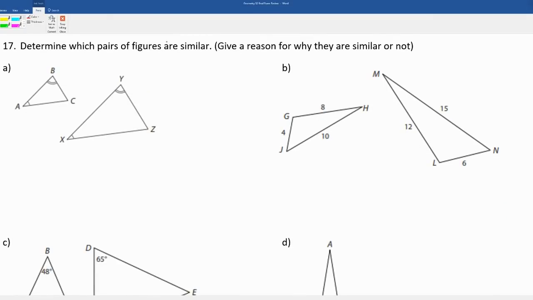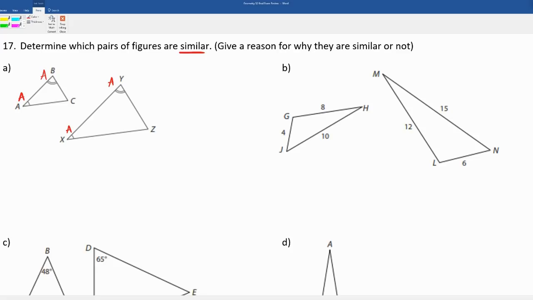All right, number 17. Which figures are similar? Good. So we need to know our similarity theorems. I see two angles, angle A is congruent to angle x, and angle B is congruent to angle y. Now, remember when we talk about similarity, it's not that the angles have to be congruent, the side lengths have to be proportional.